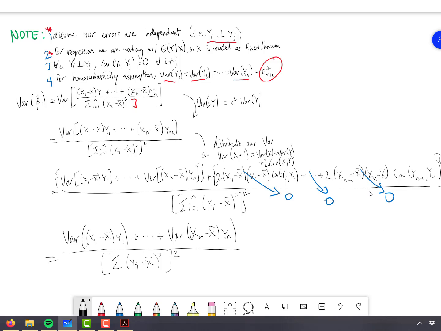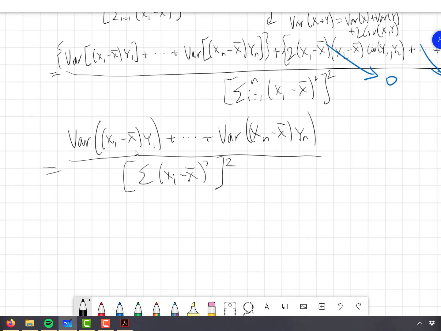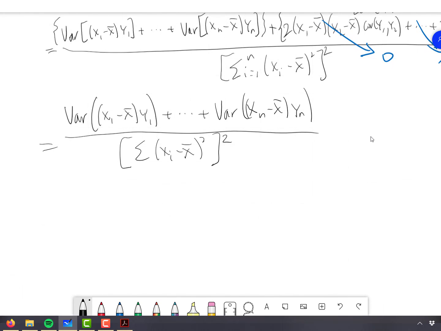At this point we can zoom back in a little, since we don't need as much space anymore, and scroll down just a little bit. What we can work with now is applying the other properties we noted here, based on the fact that x1 minus x bar, or any x minus the mean, is really a constant term.